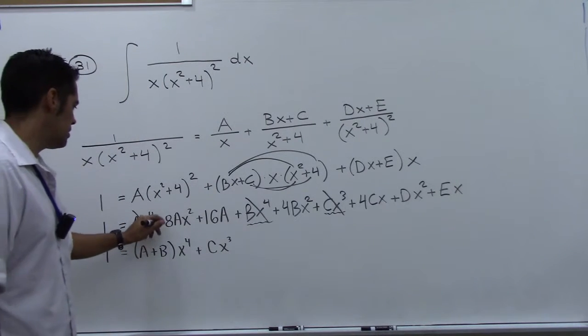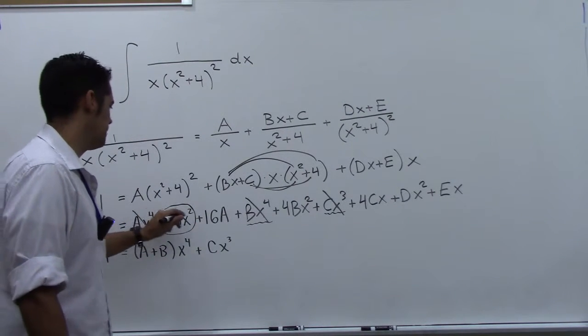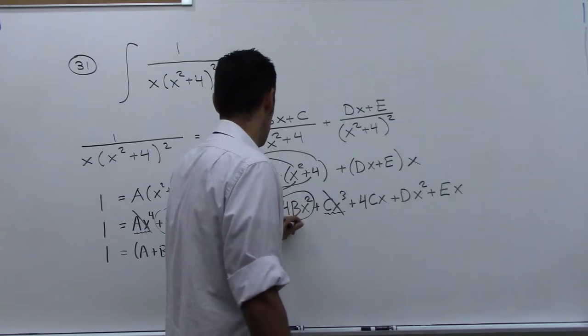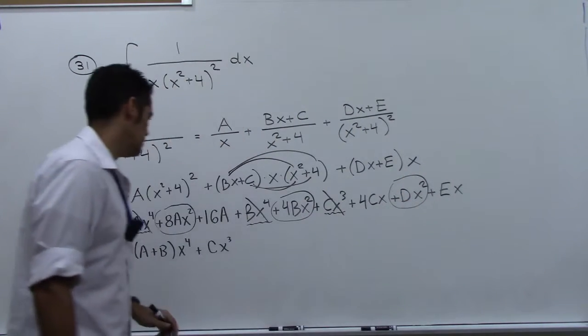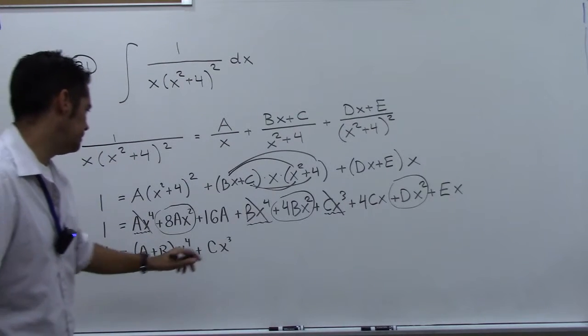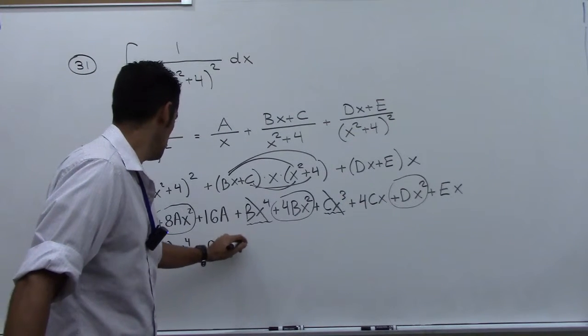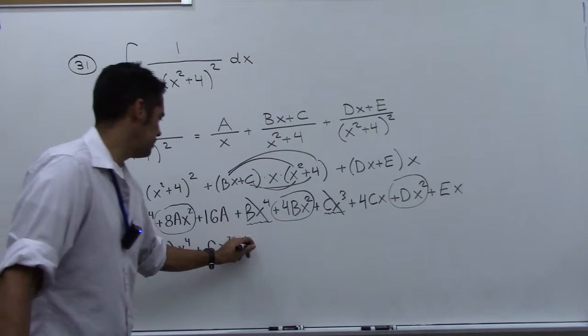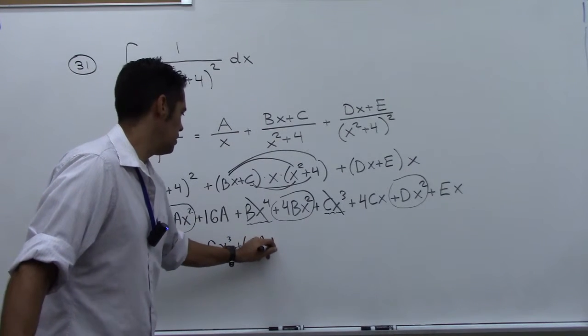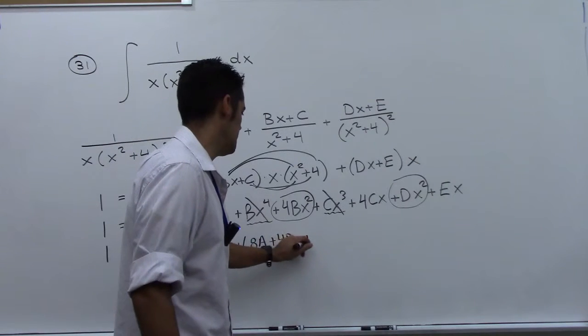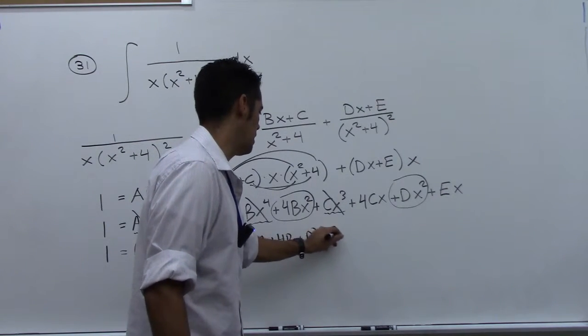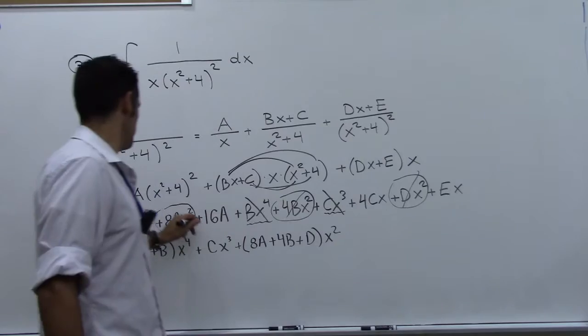My x squareds, I've got x squared here, got x squared here, got x squared here. And so I've got 8a plus 4b plus d x squared. So I've got those.